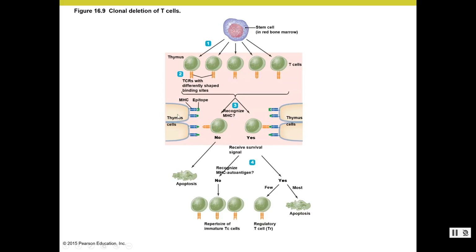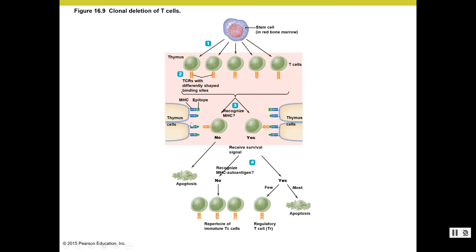The thymus is a cell and it's capable of producing class 1 MHC proteins bound to different epitopes. So the first thing we need to ask is, can it actually bind to MHC? You remember the T cell receptor is not only looking for that soulmate antigen, it is also looking to see if it can bind to MHC. So that's the first question. Will my T cell recognize MHC?